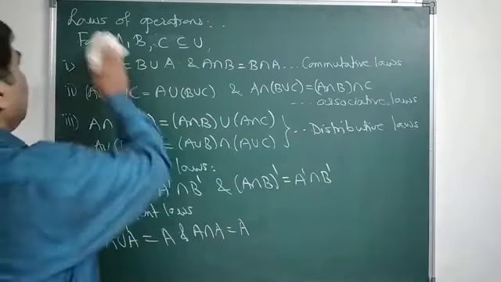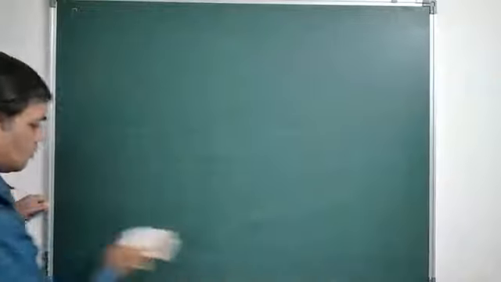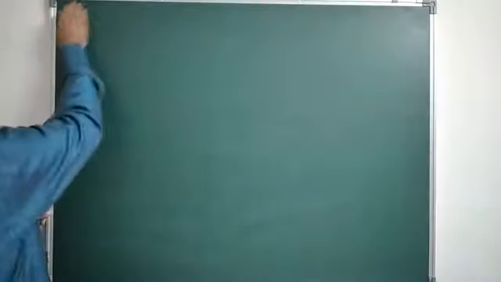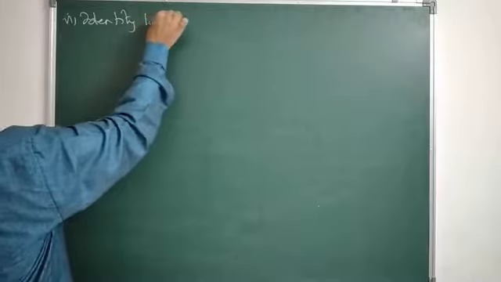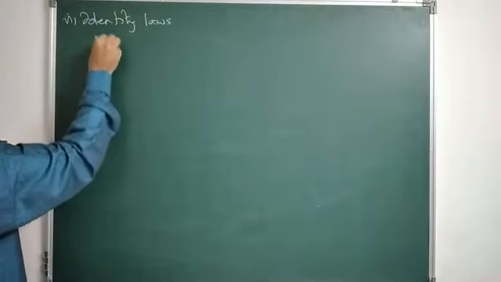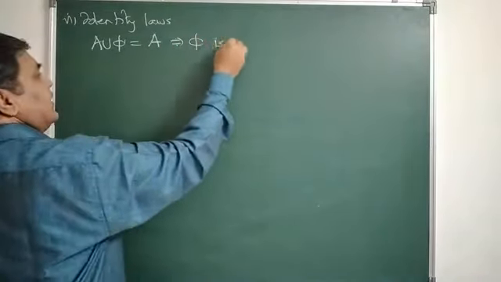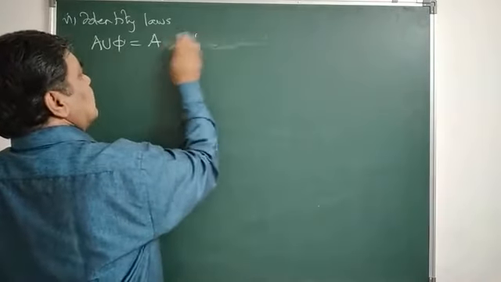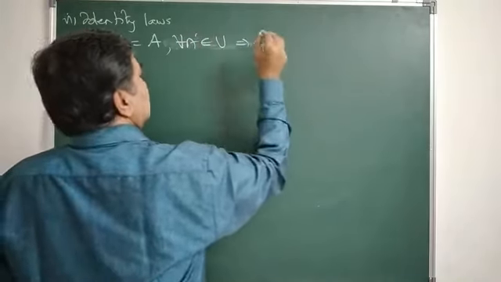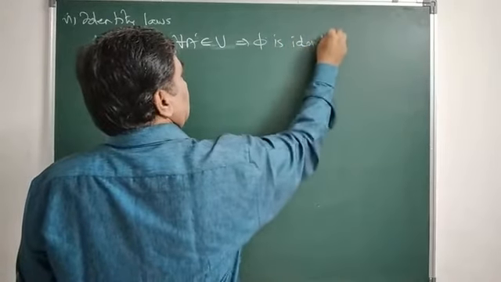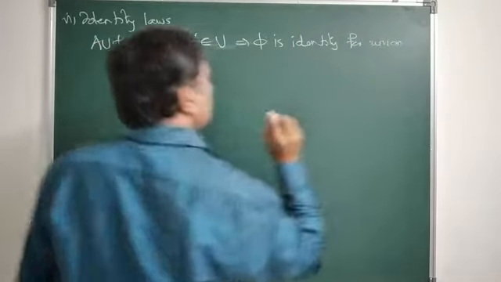Then identity laws. A union phi is always equal to A, for every subset A of U. This implies phi is the identity for the union operation.